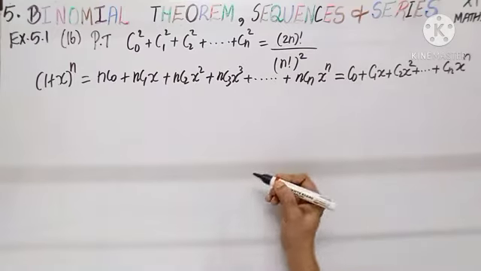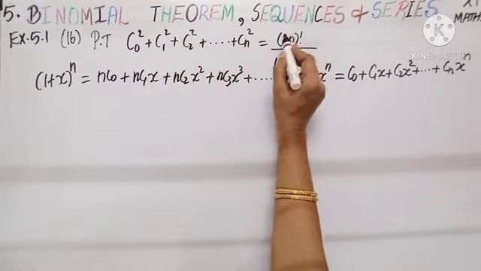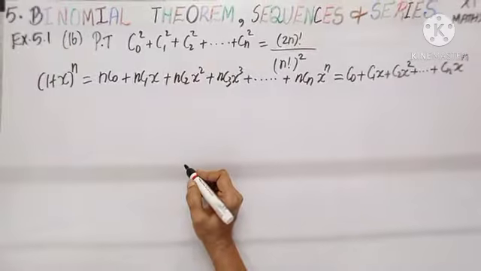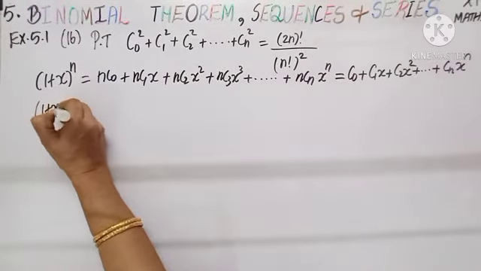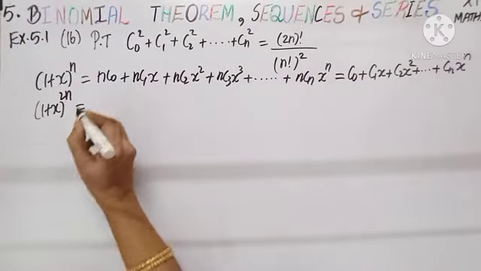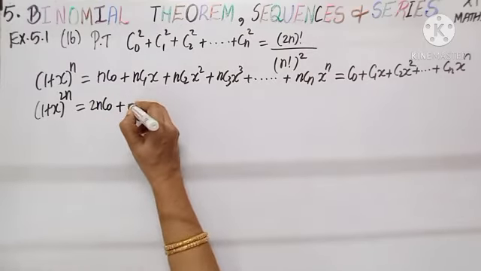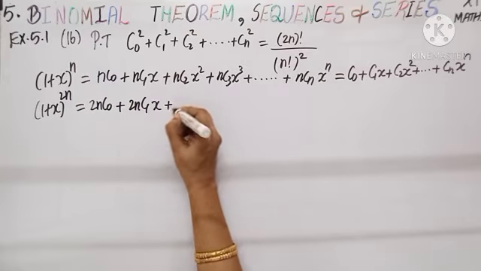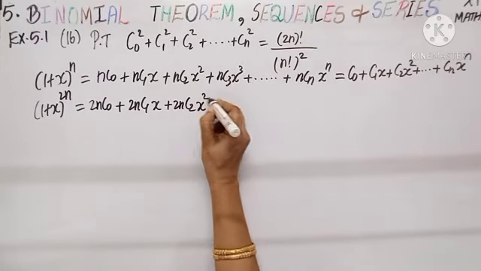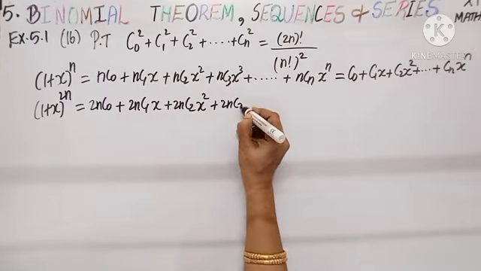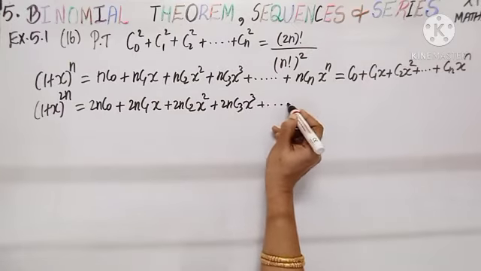In the same way, I want 2n in this question. So what is 1 plus x power 2n? How will I write it? It is 2nC0, 2nC1 x, 2nC2 x square, 2nC3 x cube and so on.